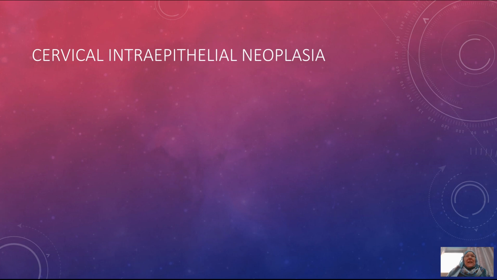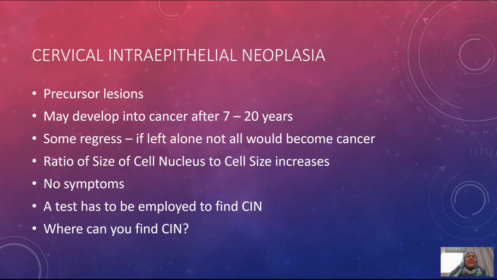So, what is cervical intraepithelial neoplasia then? It's actually a histological diagnosis of a precursor lesion, which takes any time between 7 and 20 years to actually become cancer. Some again might regress, and if left alone, not all would become cancer.